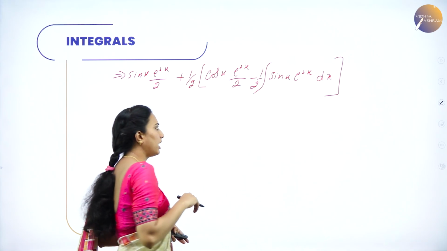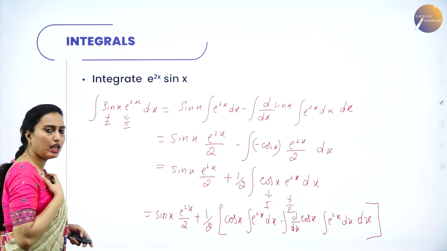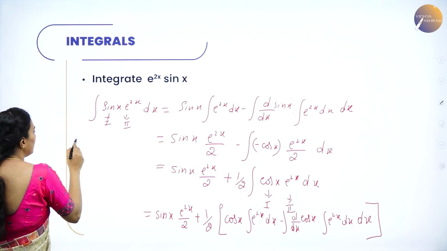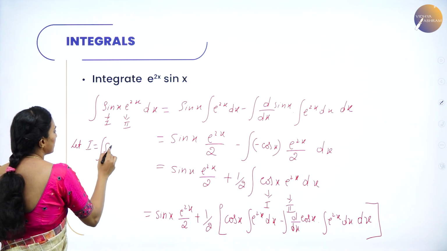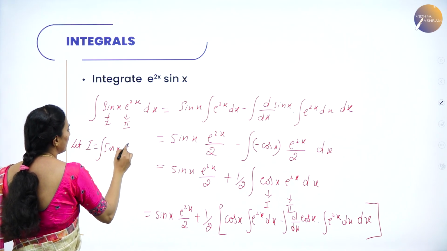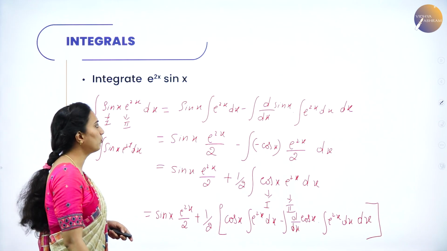Now what is this? Sin x into e power 2x, see here, sin x into e power 2x, I am going to call it I. So let I be equal to the integral of sin x into e power 2x dx, okay? So I am going to substitute there. So what happens?